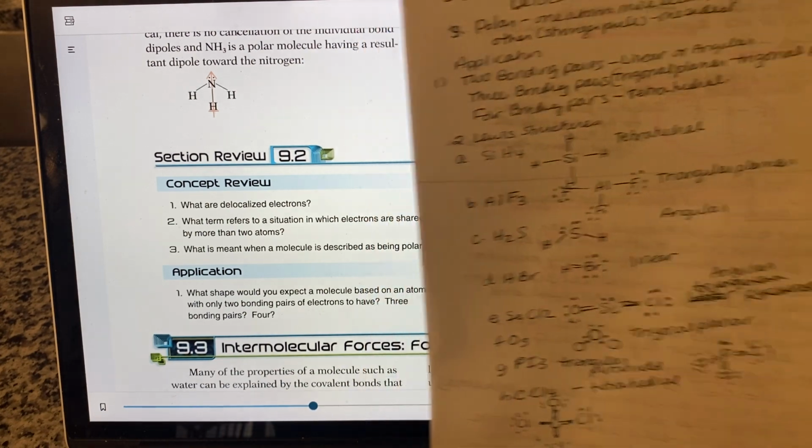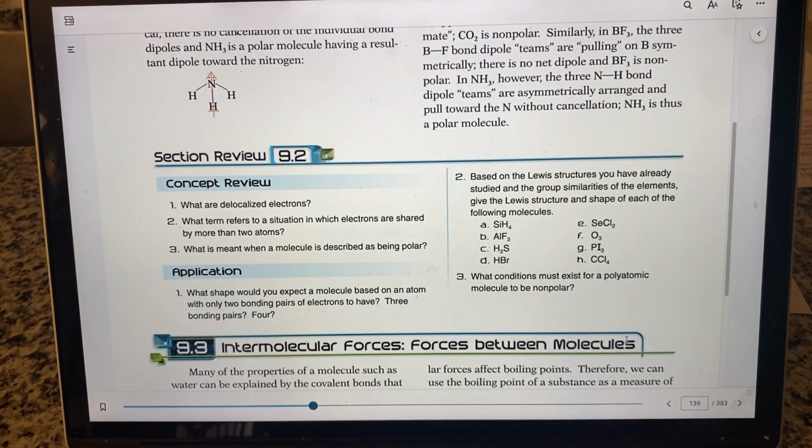Okay. The last question, what conditions must exist for a polyatomic molecule to be non-polar? So for a polyatomic molecule, it means that to be non-polar, all of the poles have to be symmetrical.